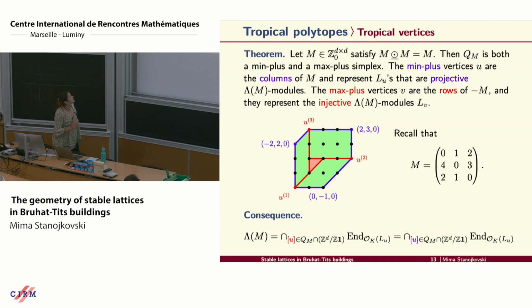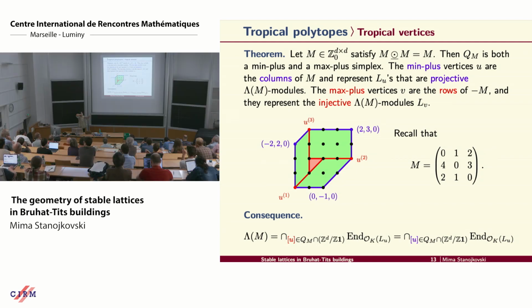If we have a matrix that is min tropically idempotent, so it yields an order, then this polytrope is both min plus and max plus convex. So it means you can take linear combinations with respect to the min sum and you will stay within it. You can take linear combinations with respect to the max sum and you will still land in there.